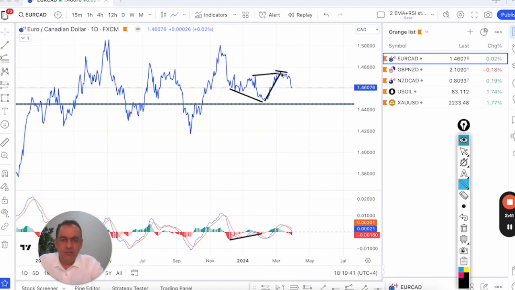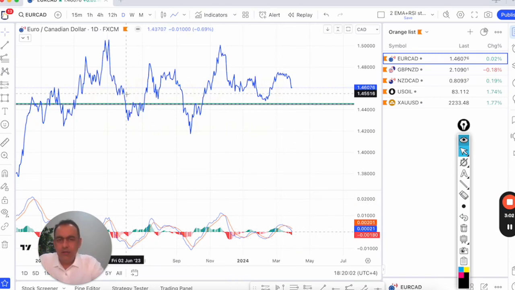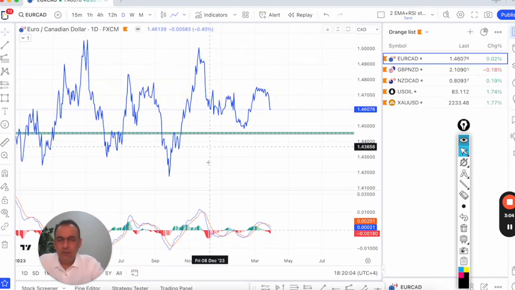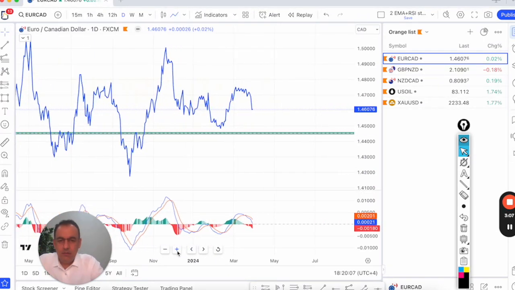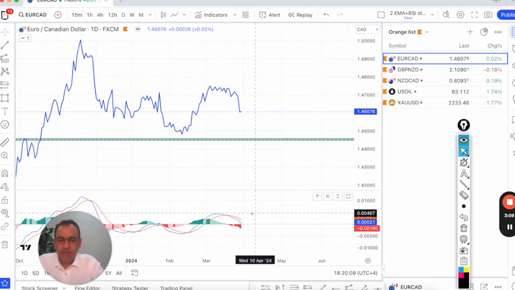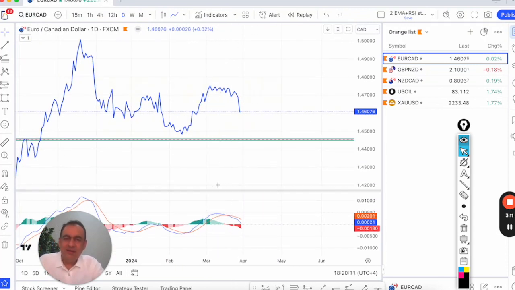So we are expecting a move back to the same area, retest, and then continuation in the upward direction, or maybe a deeper retest or deeper correction and then continuation to the upside. So right now MACD is bearish on the daily time frame, and we do not have any signs against this bearish move at the moment on the daily time frame.